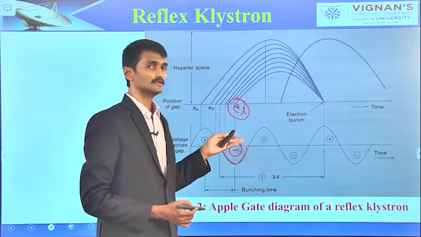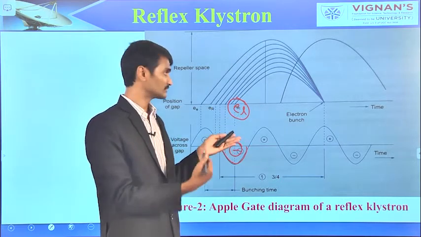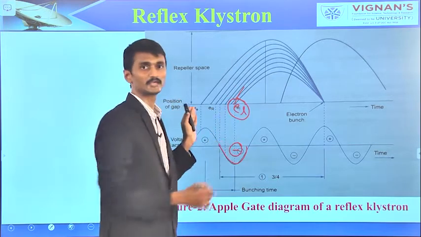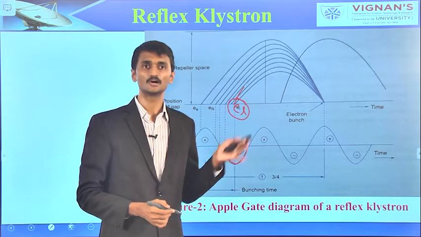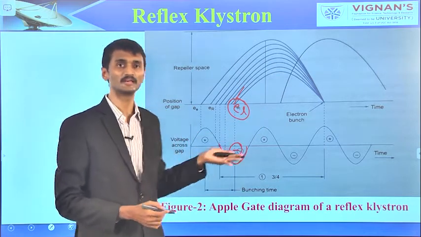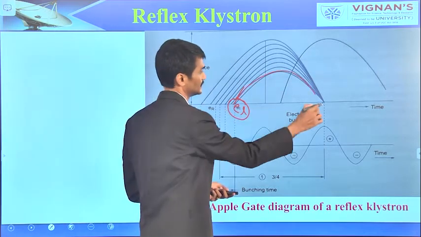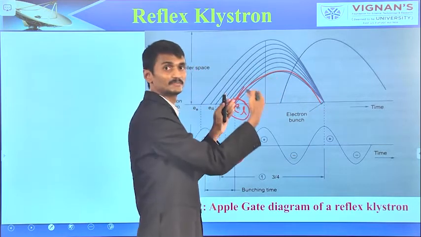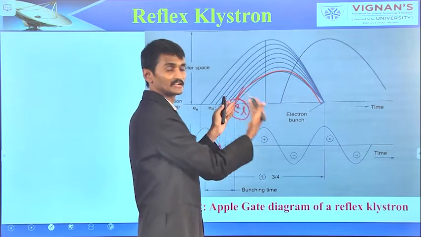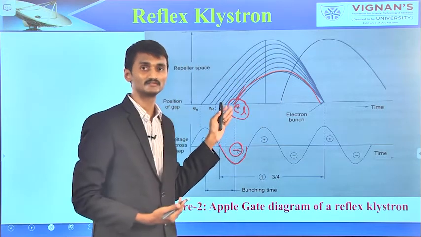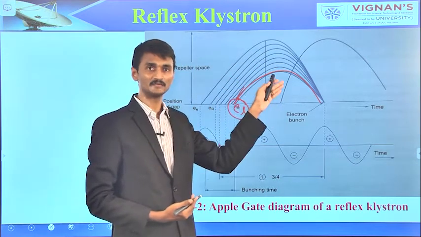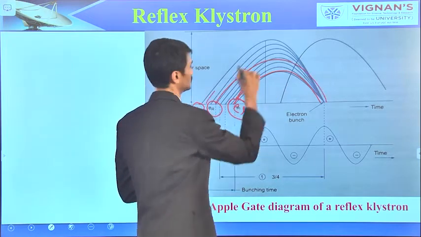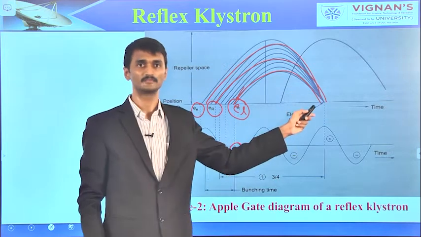That is, the velocity of that electron will be reduced after the gap. The return time is shorter as the penetration into the repeller space is less. So the return time is very small because it has not penetrated as much as the reference electron and the early electron, and it catches up with the reference electron as well as the early electron at the same time.